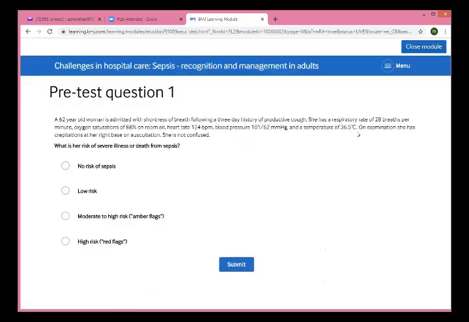Right, so this is going to take us through pre-test question number one. A 62-year-old woman is admitted with shortness of breath following a 3-day history of productive cough that sounds like a chest source of infection.